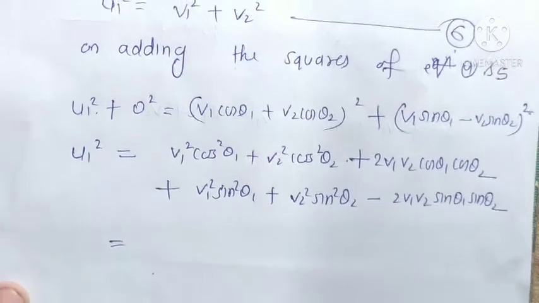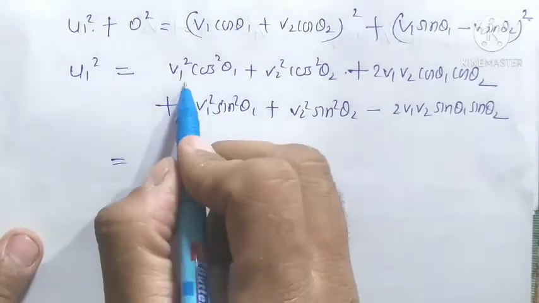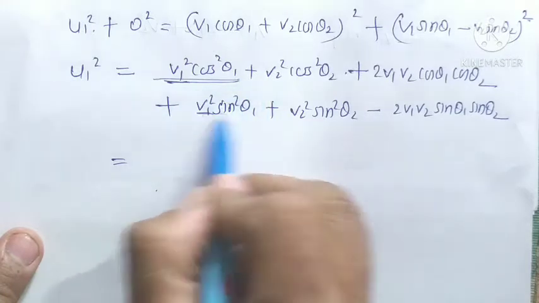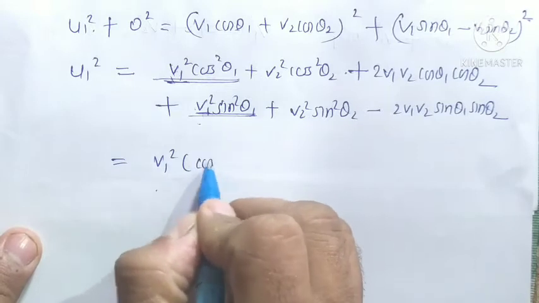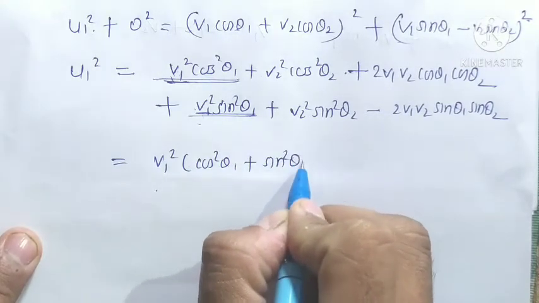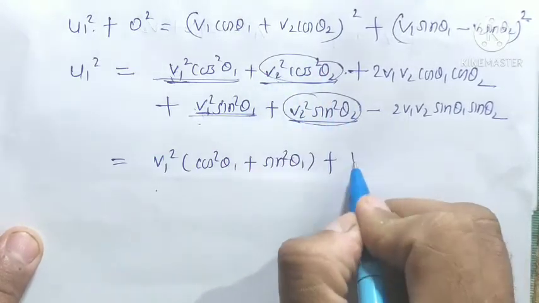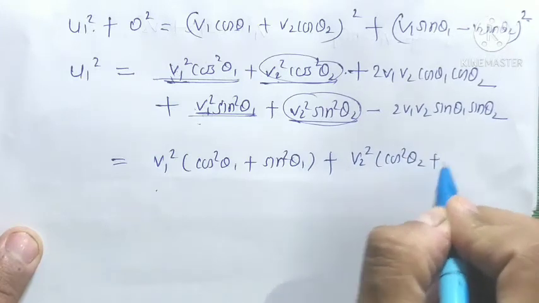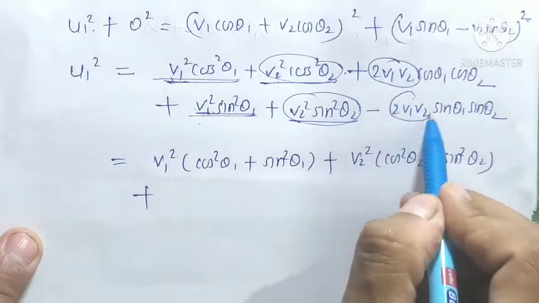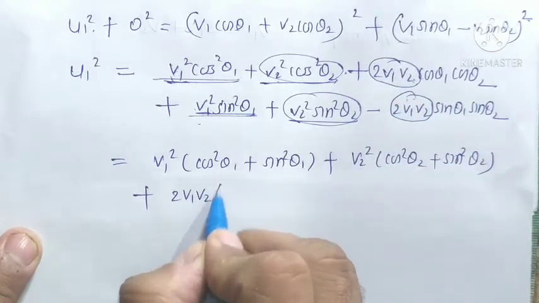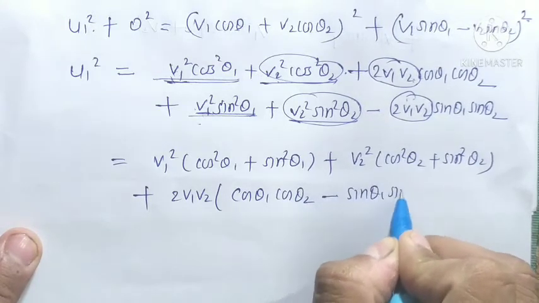So we can write here, we take v1 square common, cos square theta 1 + sin square theta 1. Now we take v2 square common, cos square theta 2 + sin square theta 2. Here we take 2 v1 v2 common, cos theta 1 cos theta 2 - sin theta 1 sin theta 2.